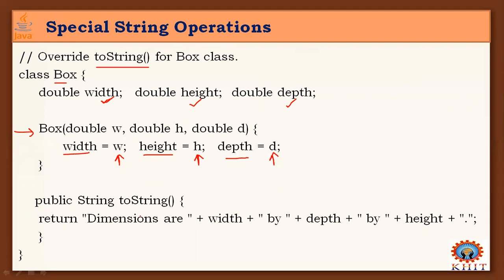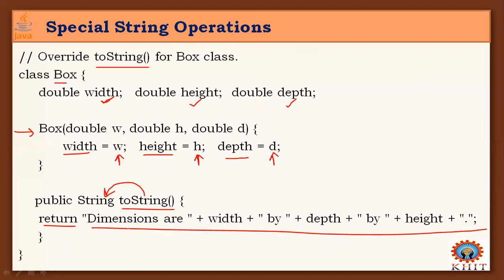Next, I have a method called toString with the type String, and it simply returns a string object value like "Dimensions are", which is a string literal. Combined with this, the width, which is a double data type, is converted into a string, and that string value is placed in the concatenation.